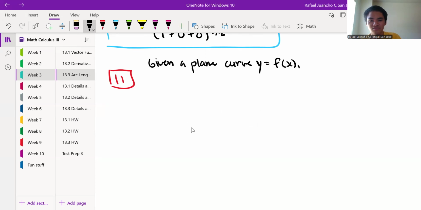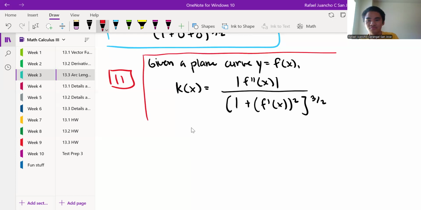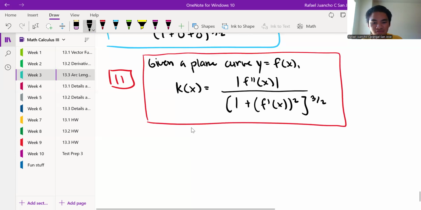Well, curvature is just in terms of x, right? So that's just f double prime of x all over 1 plus its first derivative, I square that, and I do 3 halves. So that's the formula for the curvature of a plane curve that we can use.